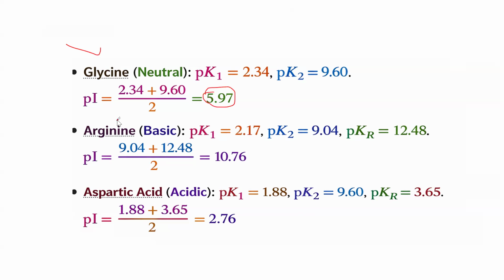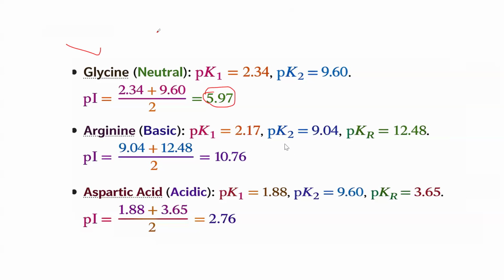And then the next one is arginine. As you can see, arginine is a basic amino acid, and the pK1 is 2.17, the pK2 is 9.04, and the pKr, that is the pKa of the side chain, is 12.48. So what do you do here?